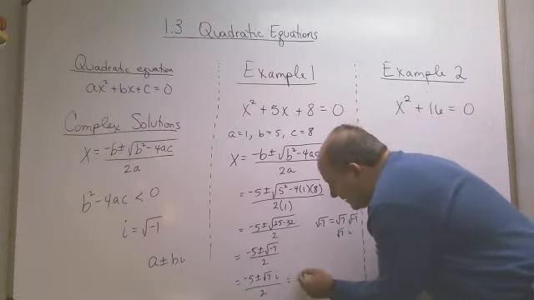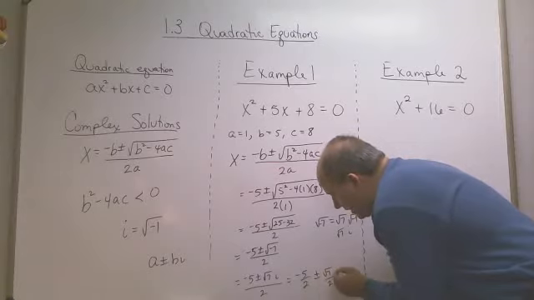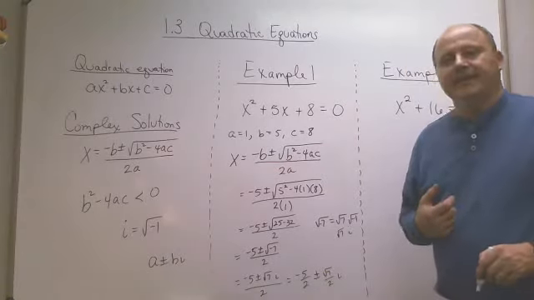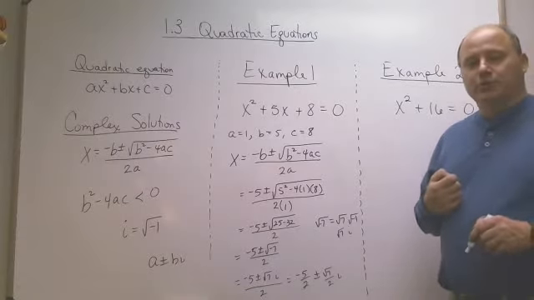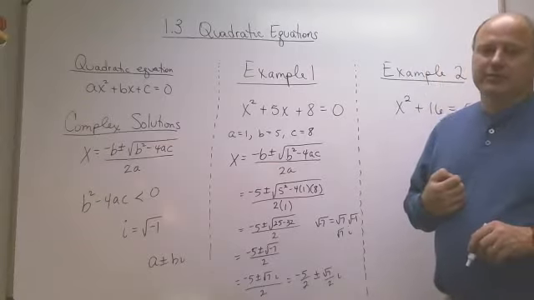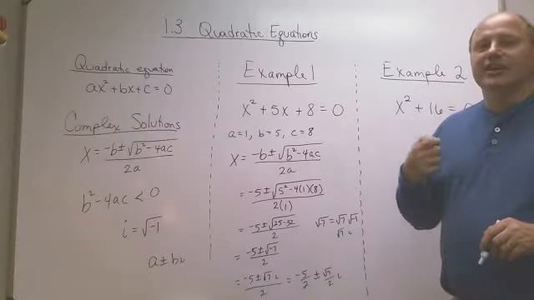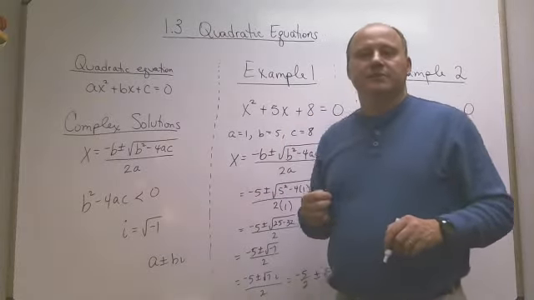So it's -5 halves plus or minus the square root of 7 over 2 times i. But you've got to understand, -5 halves plus the square root of 7 over 2 i is one solution, and -5 halves minus the square root of 7 over 2 i is the other solution. Just like we did in 1.2, I told you there would be two answers for these things.